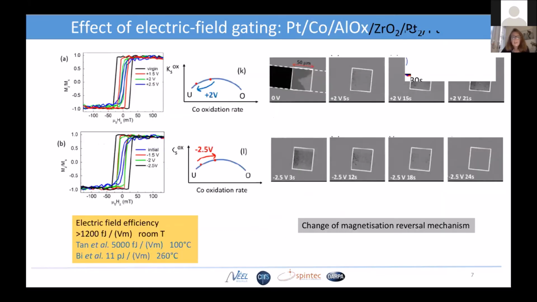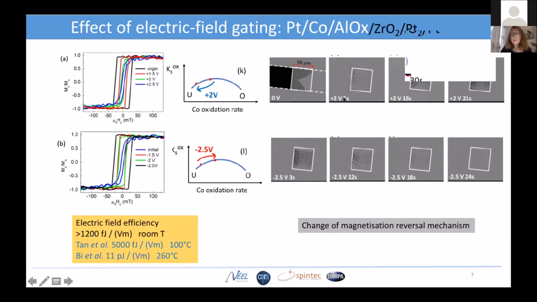So here we show with these Kerr images that the change of anisotropy induced by electric field gating is also responsible for the change of magnetization reversal mechanism. At the beginning in the virgin state, the magnetization reverses via the expansion of a few domains that are nucleated outside the electric region here.